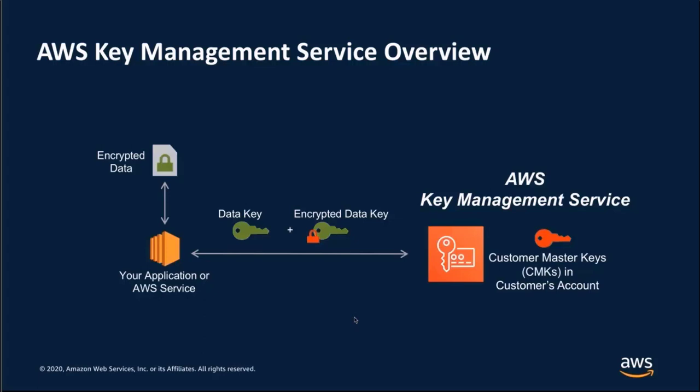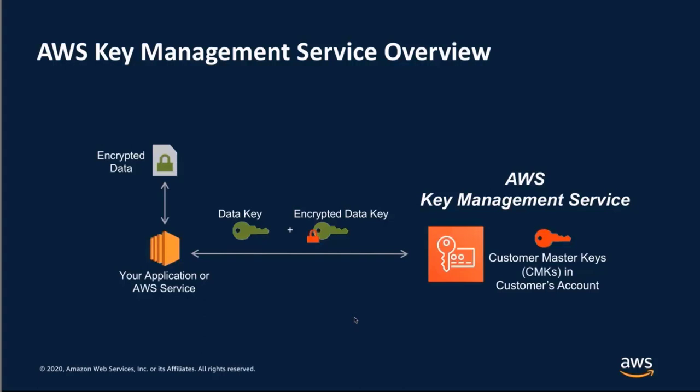And unless an identity, a user, a role has access to that particular CMK, even if they have access to a particular resource, they will not be able to access it unless they have access to the CMK as well. So think of AWS KMS as this extra additional access control mechanism that will allow you to determine who gets access to protected information.